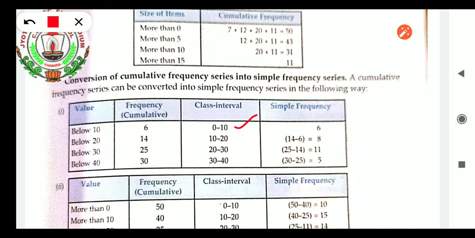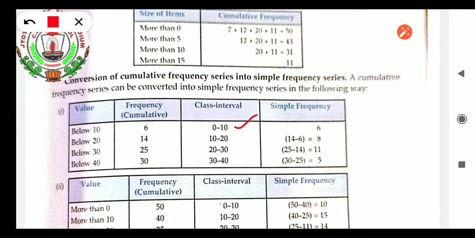So here we can take 0 to 10, and the frequency is 6.